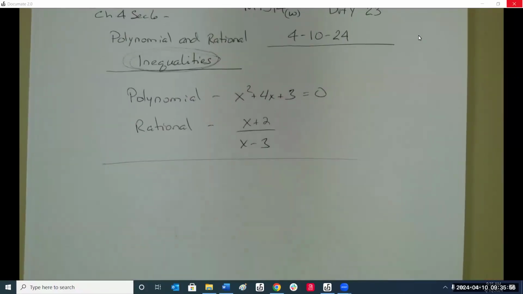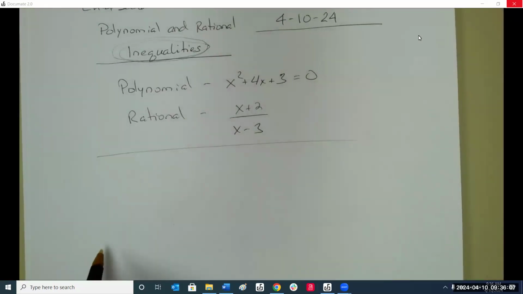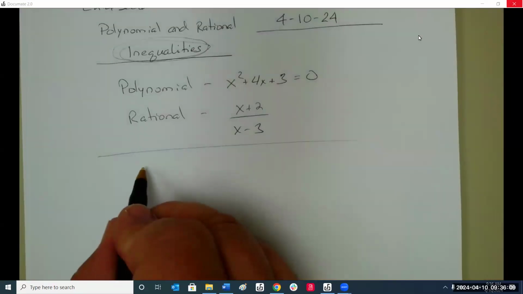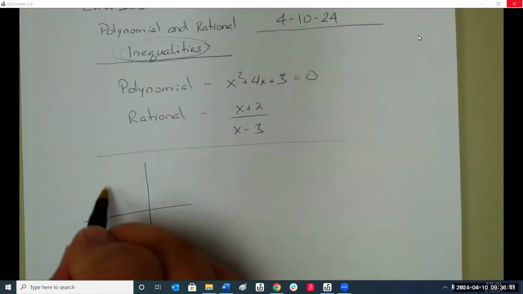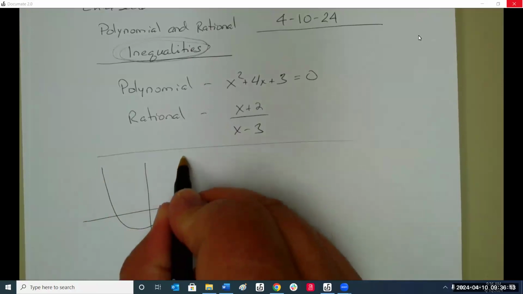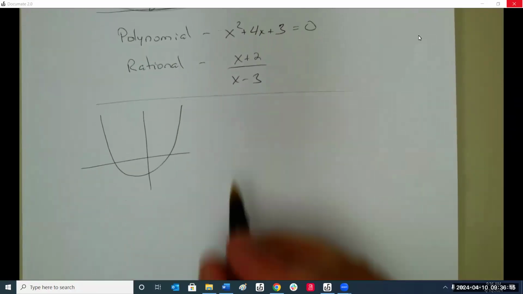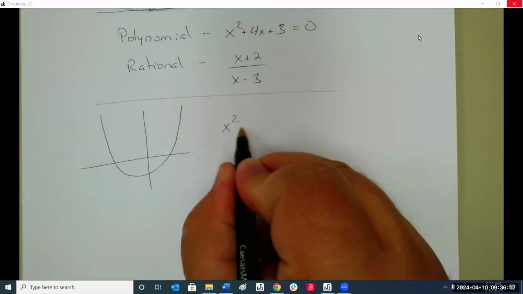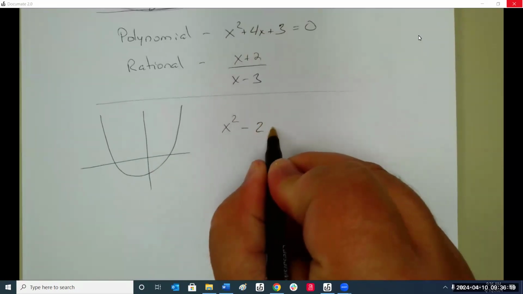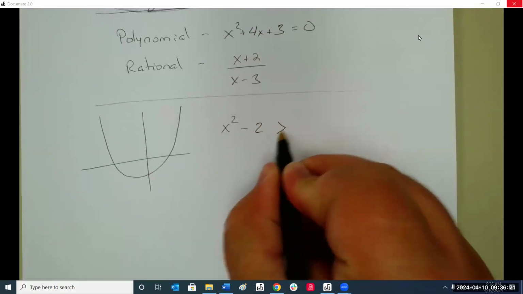Earlier, we talked about inequalities on a number line. We learned about set notation, interval notation, and graphing. Now, since we're dealing with polynomials and rational functions, we can have a function like x squared minus 2 is greater than 0.